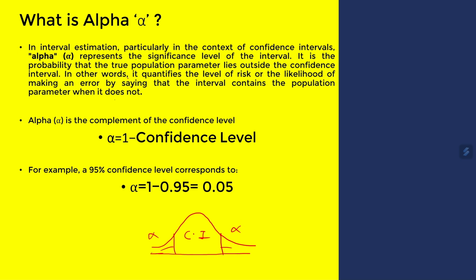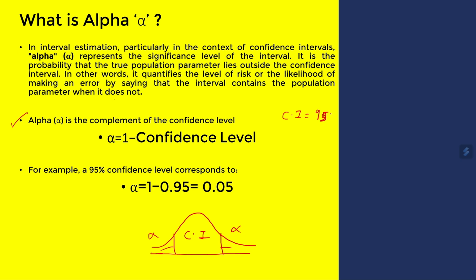In other words, it quantifies the level of risk, or the likelihood of making an error by saying that the interval contains the population parameter when it does not. So here we have a formula: alpha is the complement of the confidence level. Let's say we have CI as 95%.